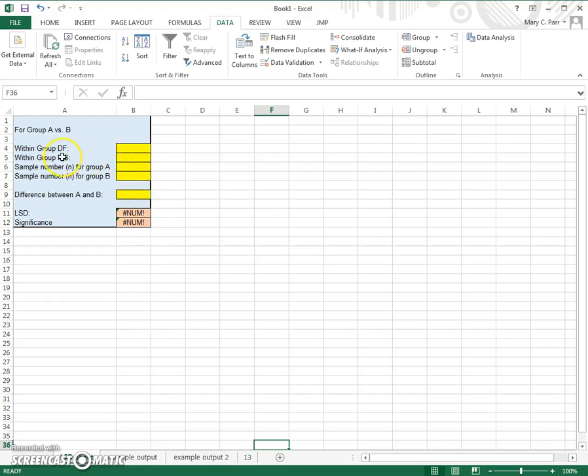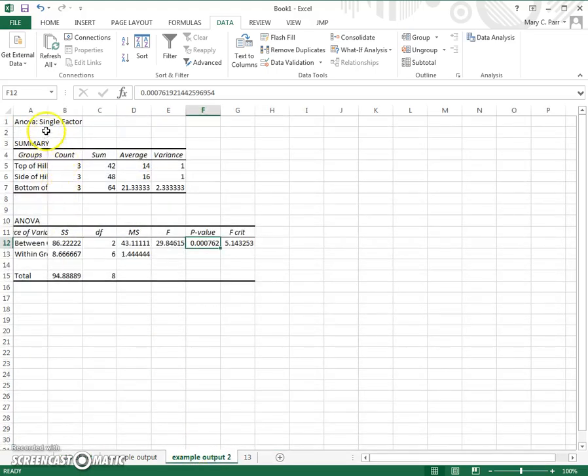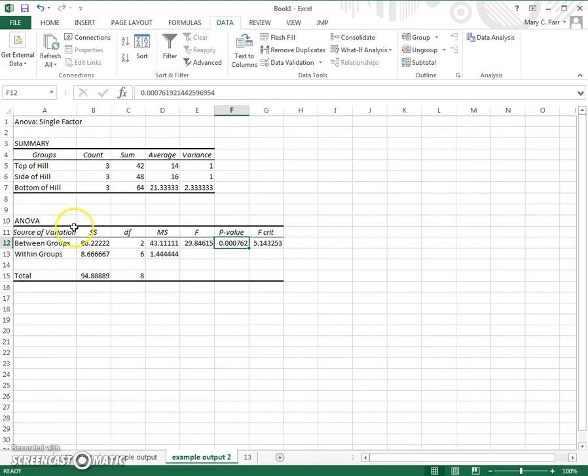So we're going to look for within group. DF means degrees of freedom. MS means the mean squared. And these are calculations that come from here. Now, if you've taken a statistics class, these make more sense.